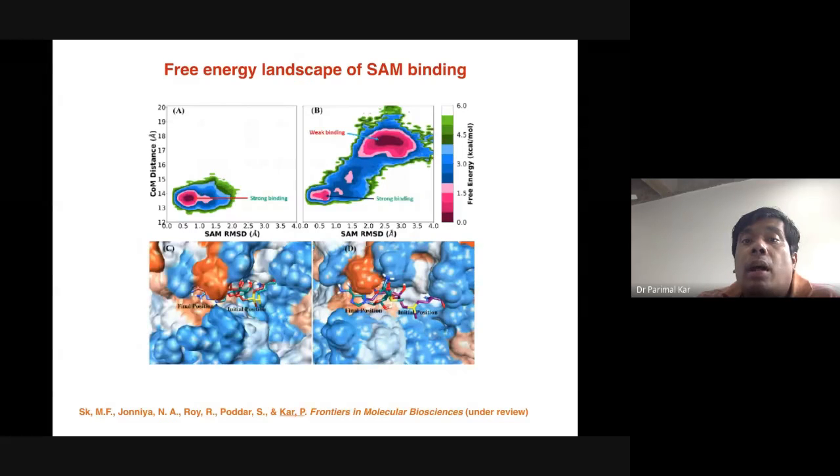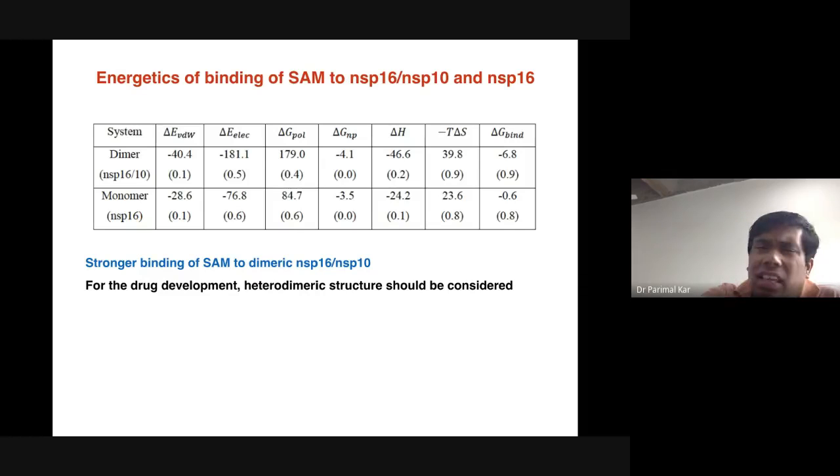But the global minimum is located at 3 angstrom SAM RMSD, and the center of mass distance is around 17.5 angstrom. But the strong binding corresponds to a center of mass distance less than 14 angstrom. So it means that that's a weak binding. So it means that you should not target the NSP16 alone, rather you should target the NSP16, NSP10 dimer to develop a new drug.